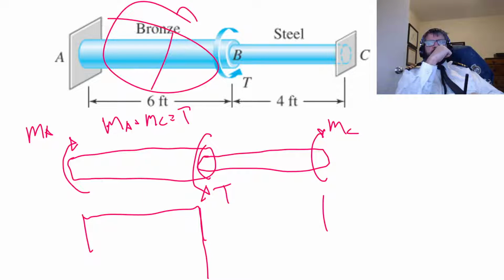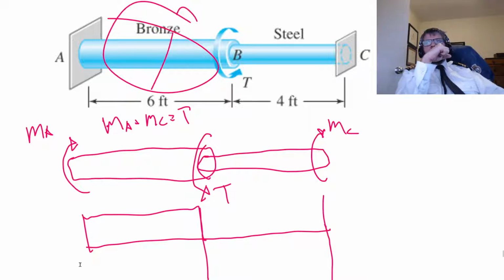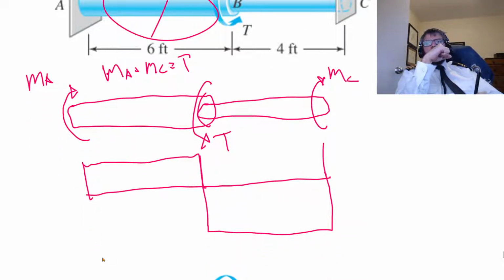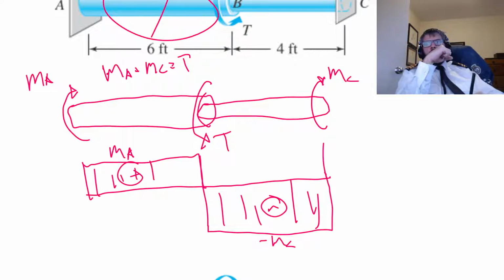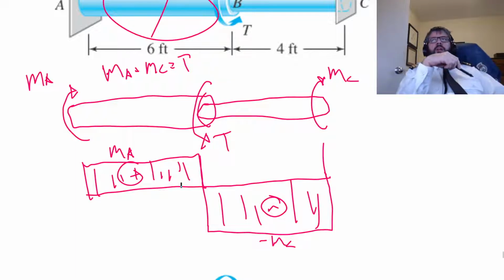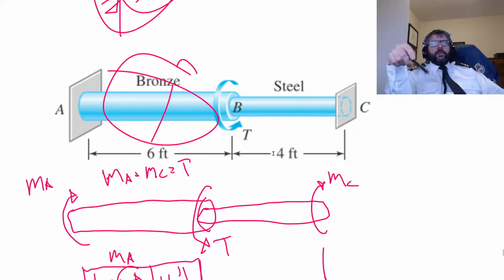And then it drops down by T. And then for the steel, it's a negative MC. So MA, negative MC. And we know that they're originally mounted, so the total twist between A and C needs to be equal to 0.